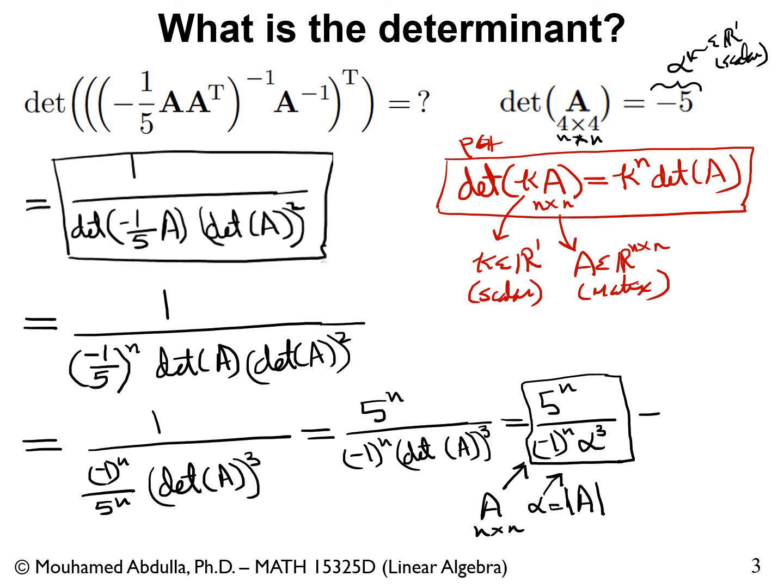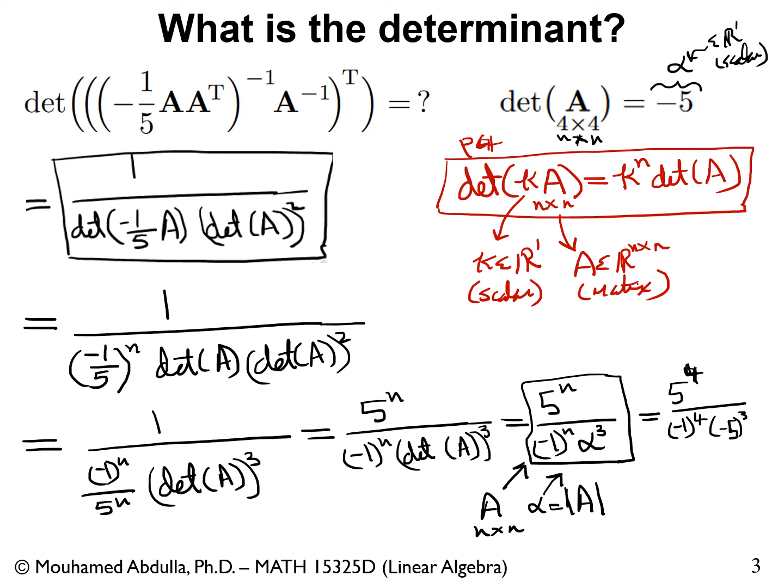So let's just plug in the values that we have. It's a 4 by 4 matrix, so n would be 4. So I have 5 to the power 4 over minus 1 to the power 4. Alpha, being the determinant of matrix A, is equal to minus 5. Minus 5 to the power 3.